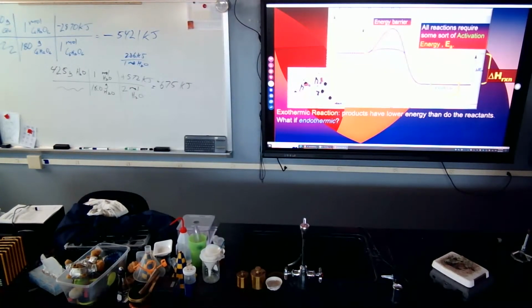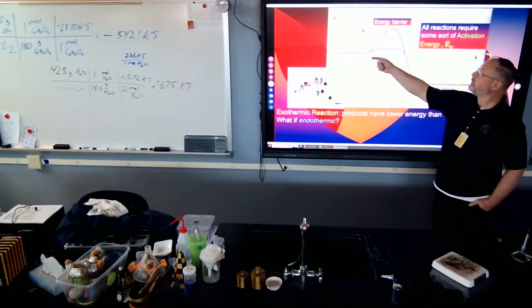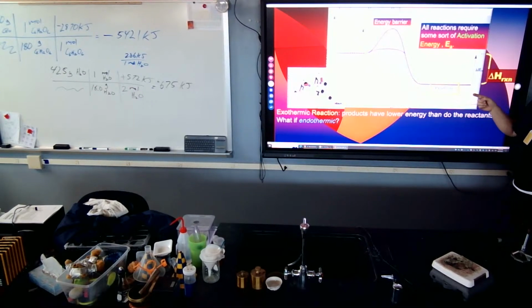The delta H of a reaction, I said, could be positive or negative. In this case, this is an exothermic pathway because the reactants are higher energy than the products. Let's say the products are at 20 and the reactants are at 50.